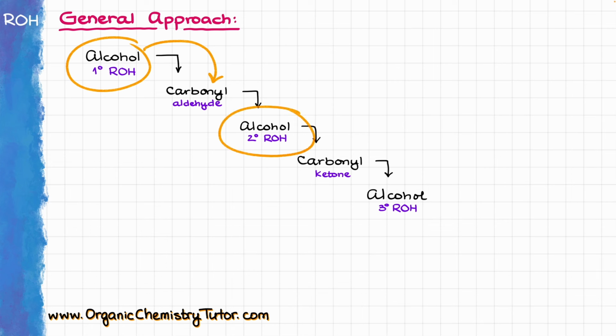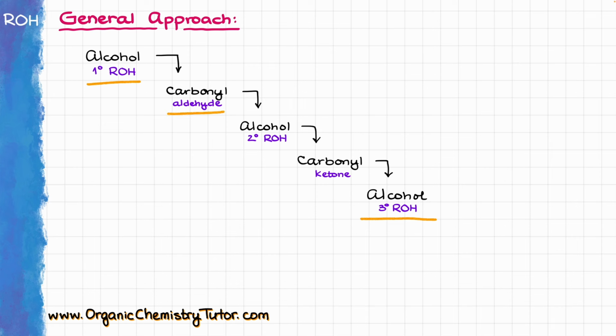If we need to, we are going to repeat this process by oxidizing it to the corresponding carbonyl and make a more complex alcohol. So if you are starting all the way from the primary alcohol and you are going all the way down to a tertiary alcohol, you will go through the formation of the aldehyde, secondary alcohol as an intermediate, then you will have a ketone, and finally you will get to your tertiary alcohol.